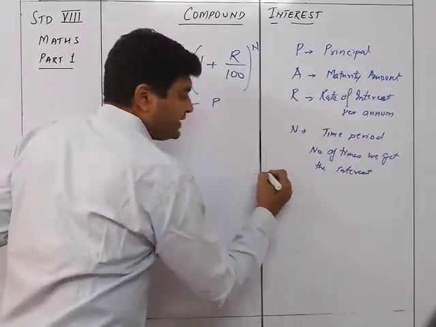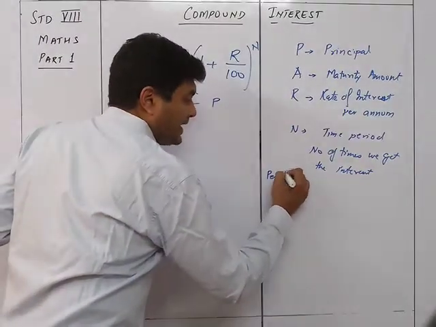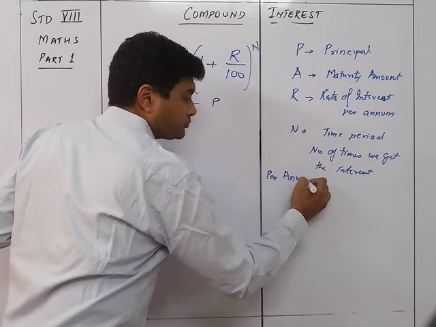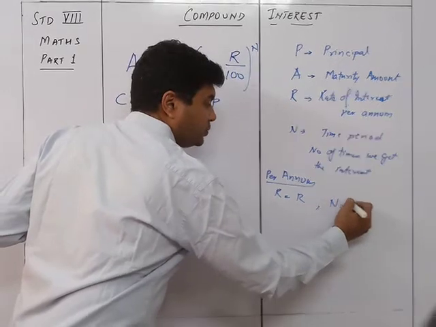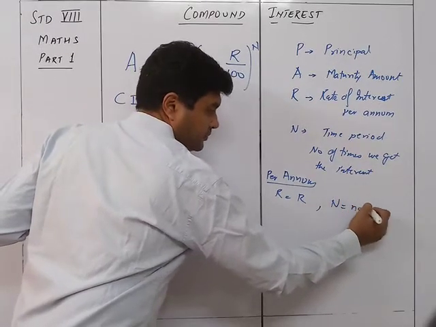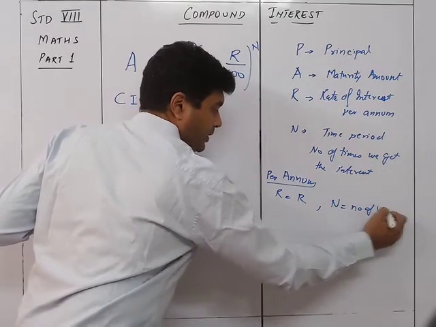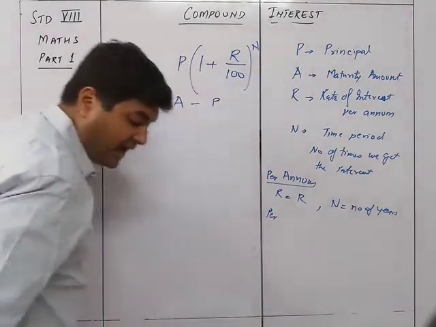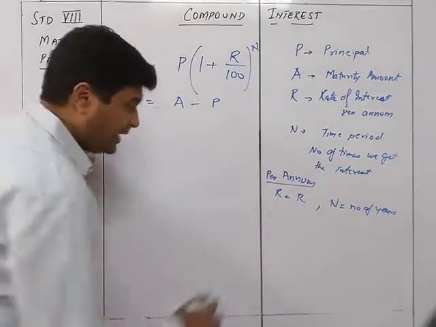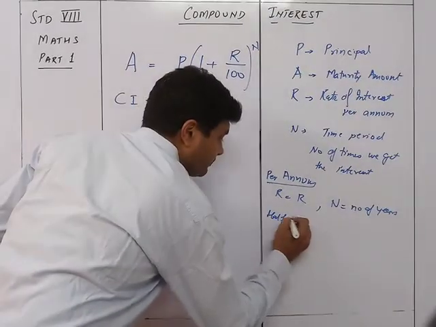So if it is per annum, then R is equal to R and N is equal to number of years. If it is half yearly, okay, if it is half yearly.